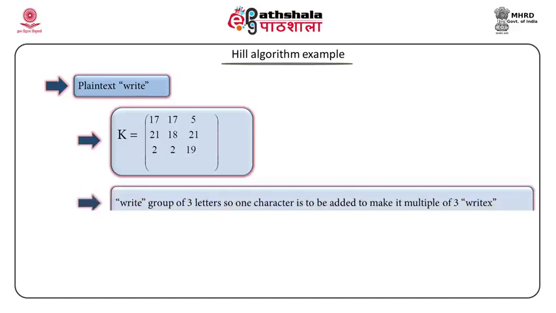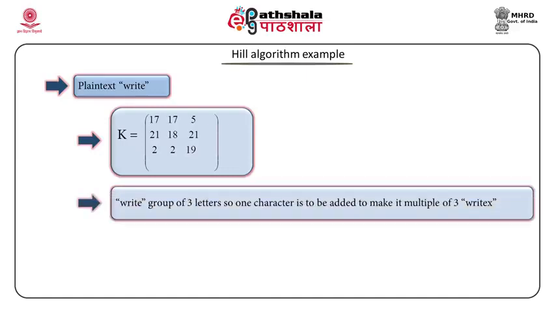Group 3 letters together because my key is a 3 by 3 matrix. One character is to be added because "write" contains only 5 characters, and we need 6 characters to deal with. So we would add any character, this time again X. The reason is X is used few times in the English language.